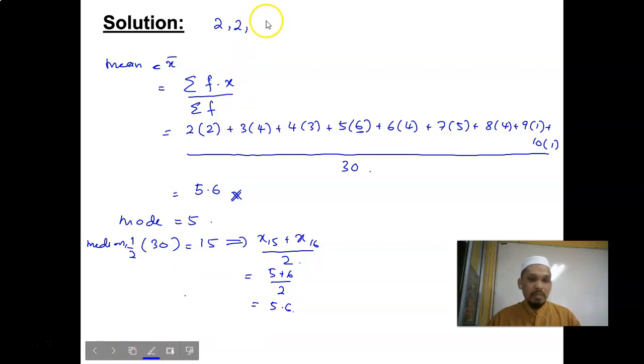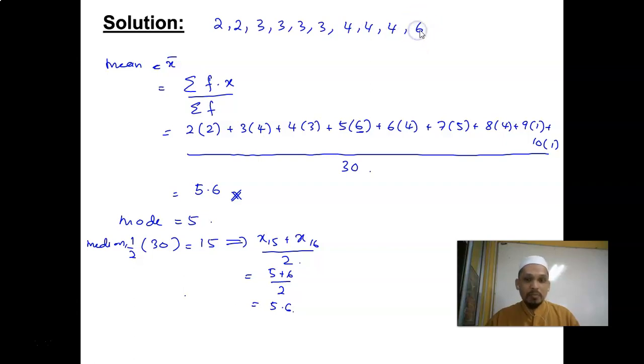Students getting 3 marks, 4 of them. And getting 4 marks, 3 students. Getting 5 marks, 6 times: 1, 2, 3, 4, 5, 6. And then 6 marks, 4 of them: 1, 2, 3, 4.